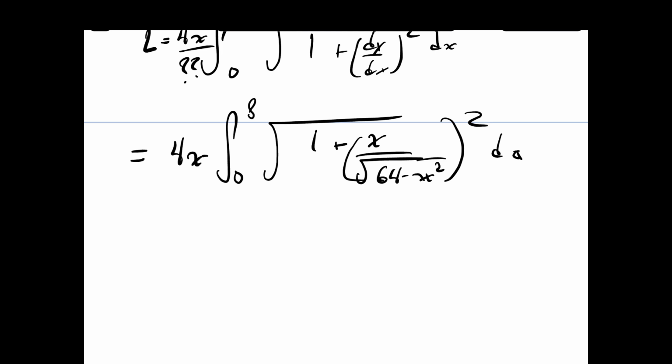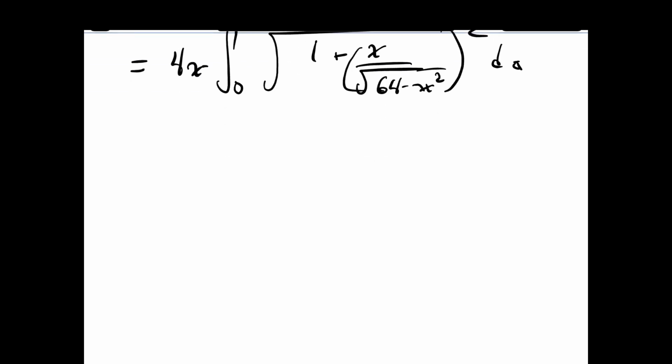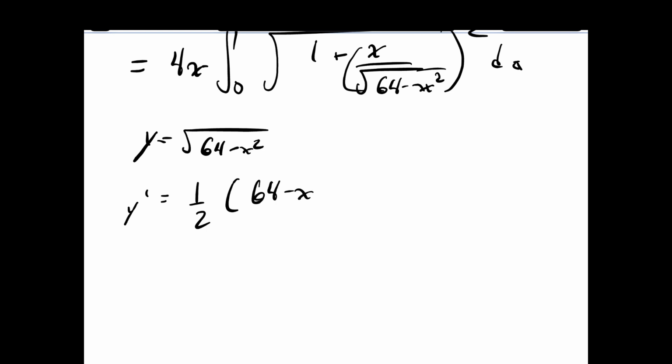Okay, so if y equals that, you're looking for the derivative with respect to x. Actually, hold on a second. 64 minus x squared, it's a negative 1 over 2 times negative 2x.